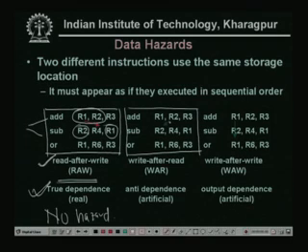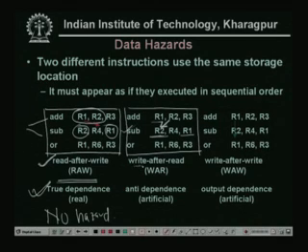So that means this is a write after read, because here also R1, R2 are common registers, and in the first instruction add, the value R2 is read and that is being updated in the second instruction.